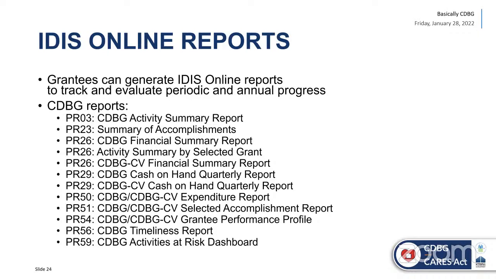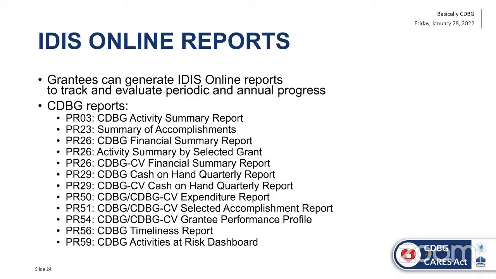This report is linked to your KPR report, so you can review it to compare with your KPR. The other three reports are the CDBG Financial Summary Report, the Activity Summary Report by Selected Grant, and the PR26 CDBG-CV Financial Summary Report.